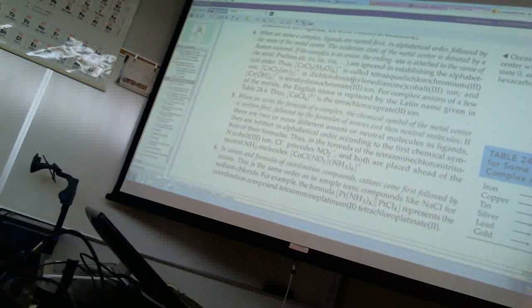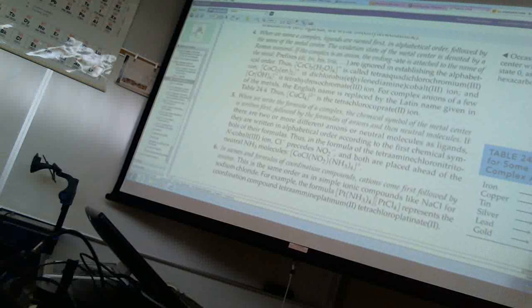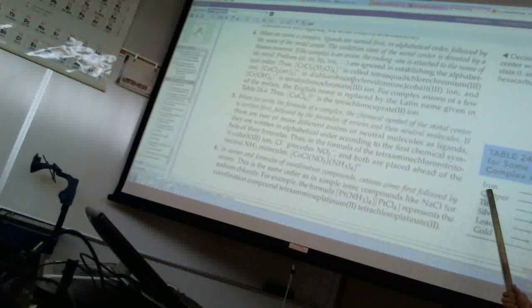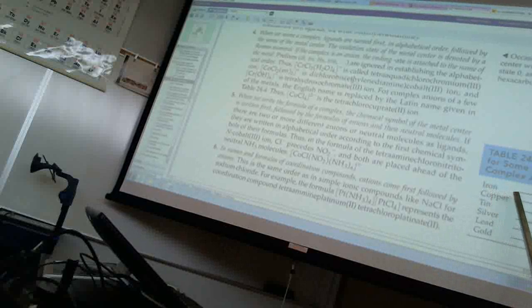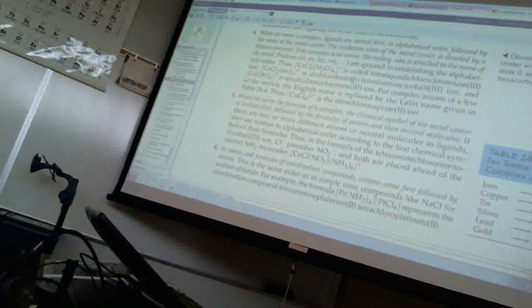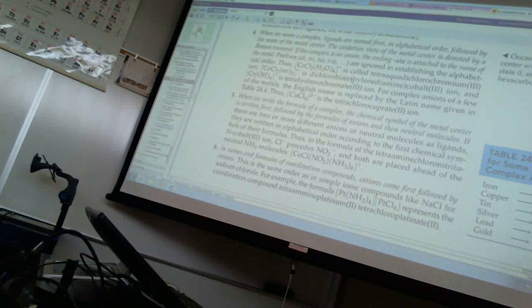And so for these, we change the name of the metal. If you see iron in a neutral complex, we just call it iron. If you see iron in an anion complex, we call it ferrate, etc. All the other metals we just use as is. So cobalt would be called cobaltate. Cobaltate is fine.